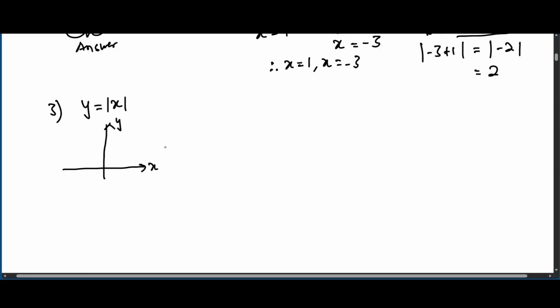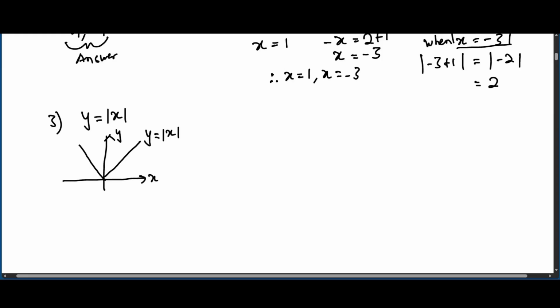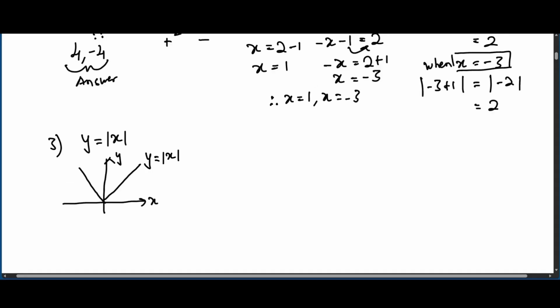Your absolute value graph will look like a V shape. So this would be your absolute value graph. Alright, so that's your most basic graph. Remember, it looks like a V shape, no matter what, as long as it's a V shape. That's the most basic one.